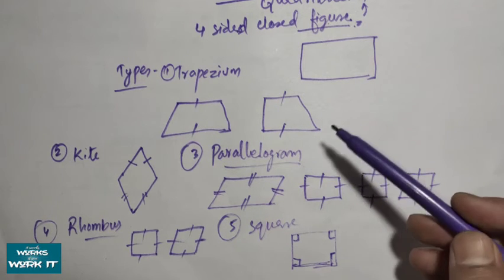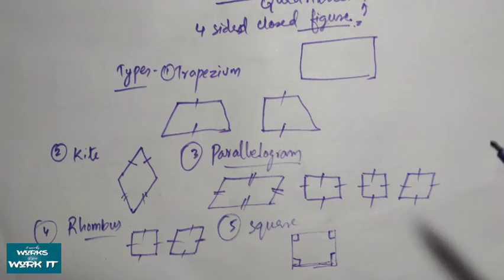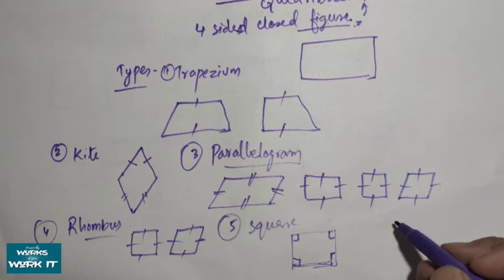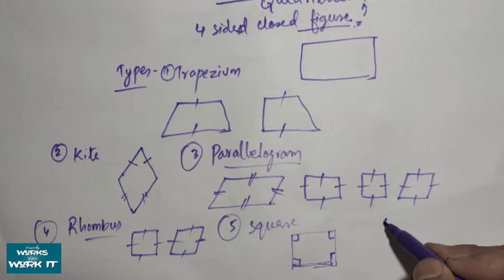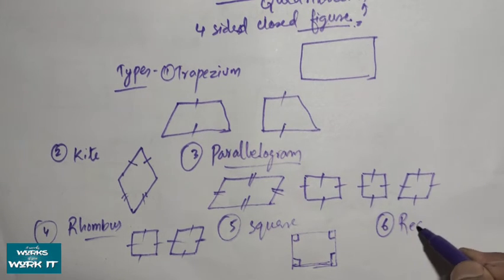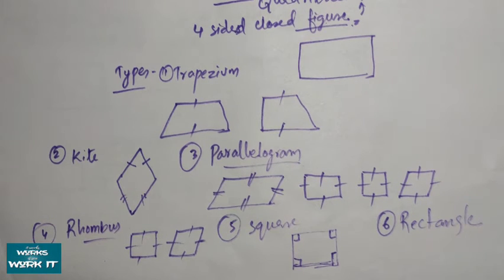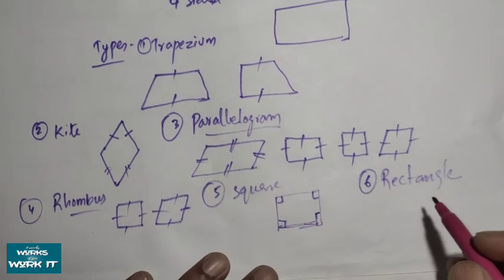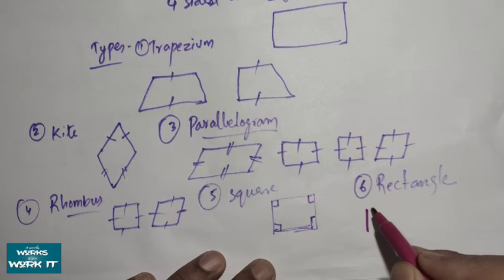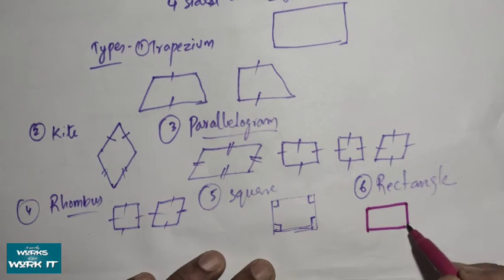Okay, so in the parallelogram also, one similar figure comes up in the types of quadrilateral, that is the rectangle. The rectangle also has similarity with the parallelogram. If I draw the diagram for a rectangle, it will be like this.